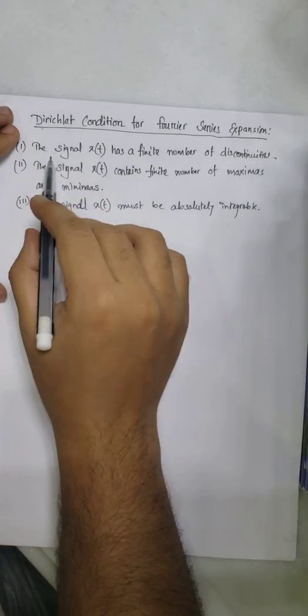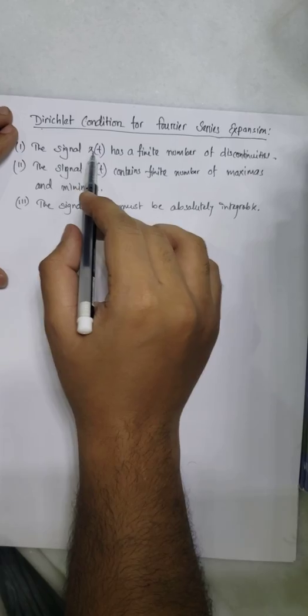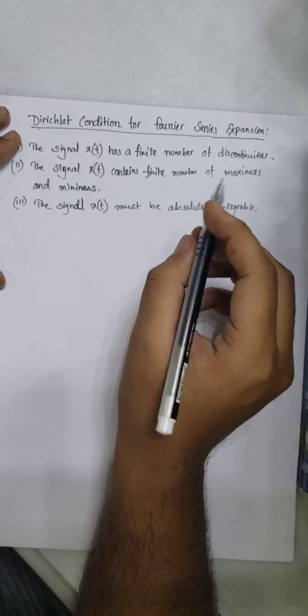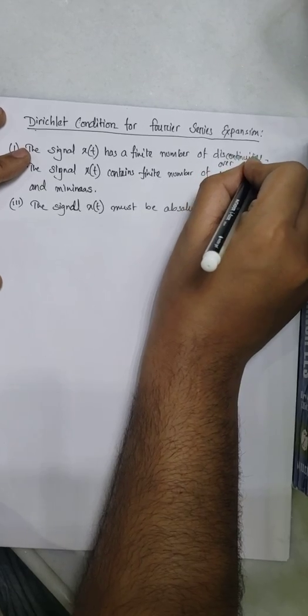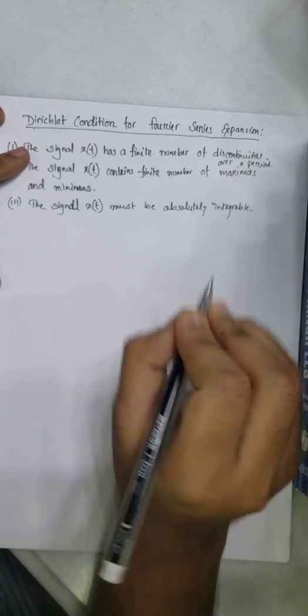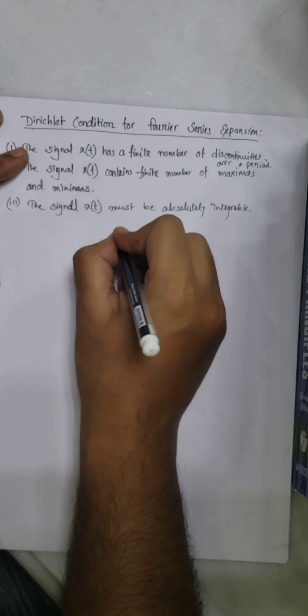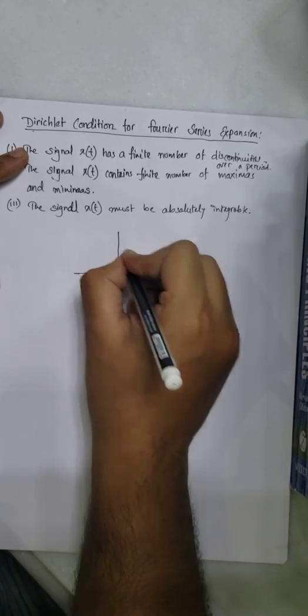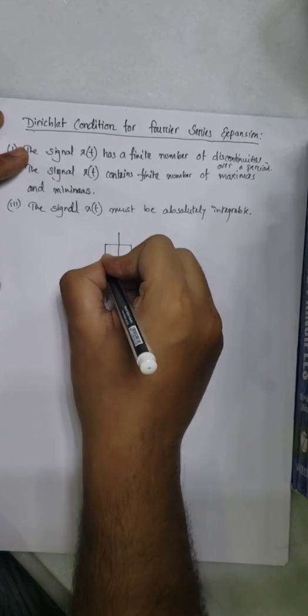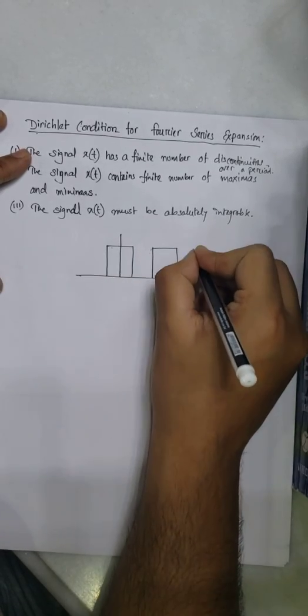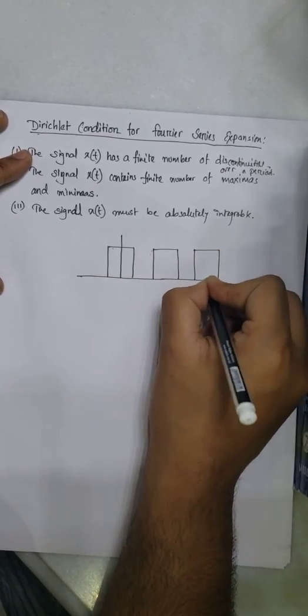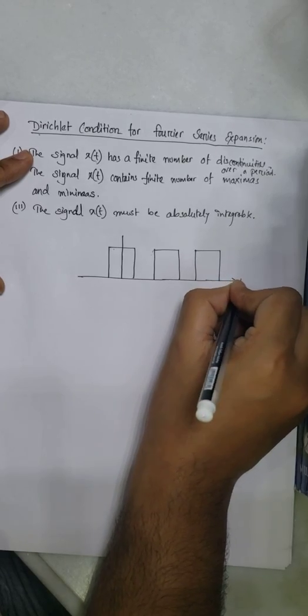Now, what does the first point refer to? The signal x of t has a finite number of discontinuities over a period. Let us consider a square wave, which goes on like this.